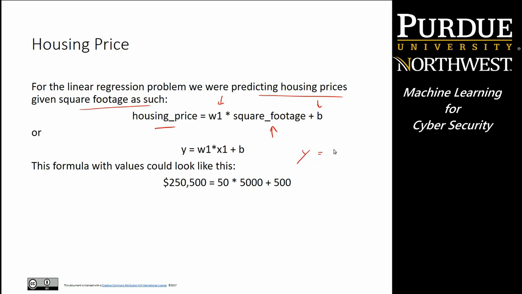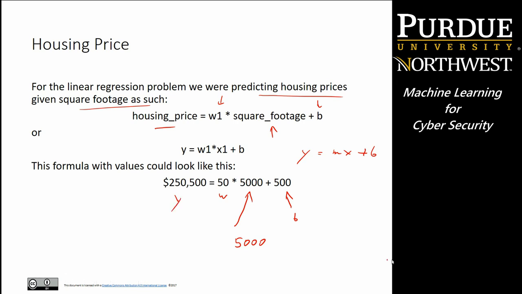Which is really y = mx + b. That same equation that we've seen throughout this week. So this formula with values would look like this, right? This is 5,000, the square footage, and these are the parameters. So this is the bias, that's the W, and that should give you this predicted housing price.